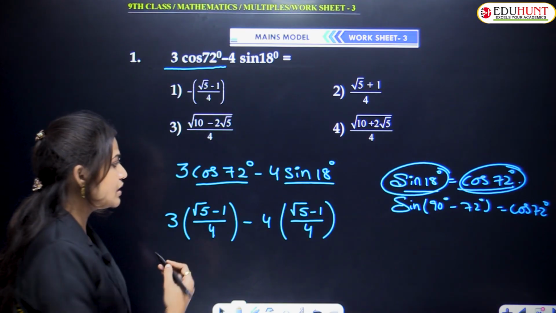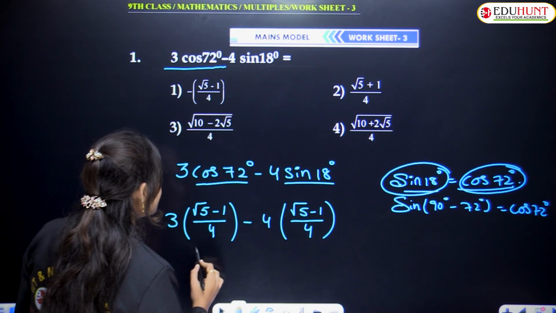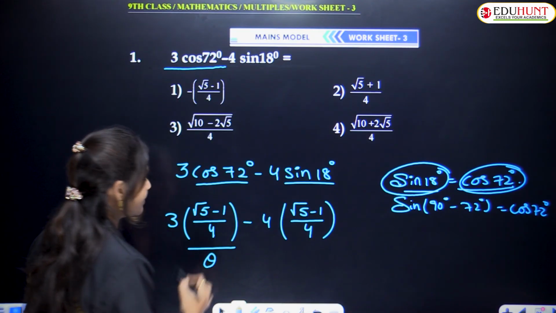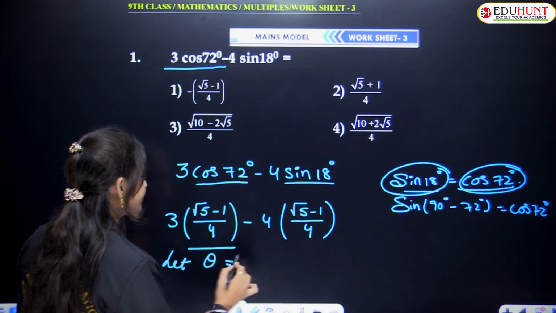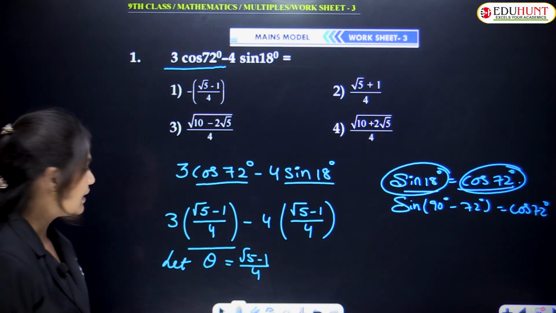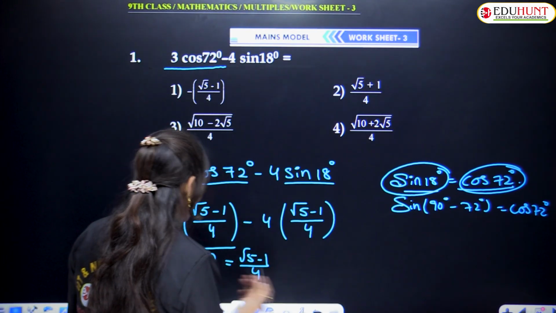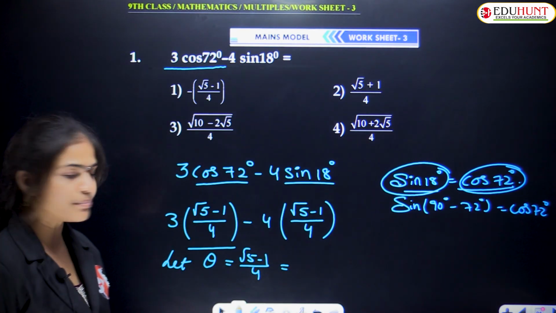So if you want to do that simplification, here we can take this one as some theta. Okay. So let theta is equals to root 5 minus 1 by 4. Let here some theta or some x, that is your wish, which is equals to root 5 minus 1 by 4.